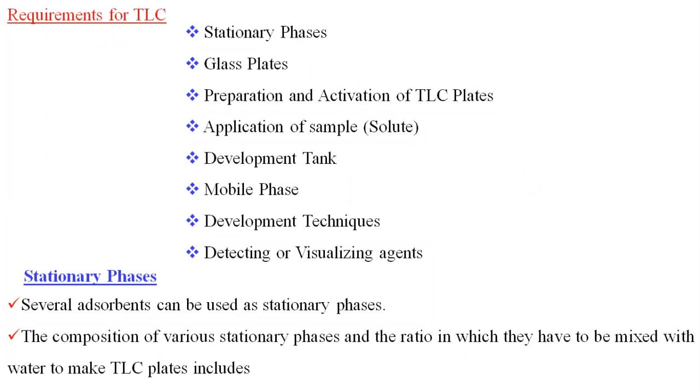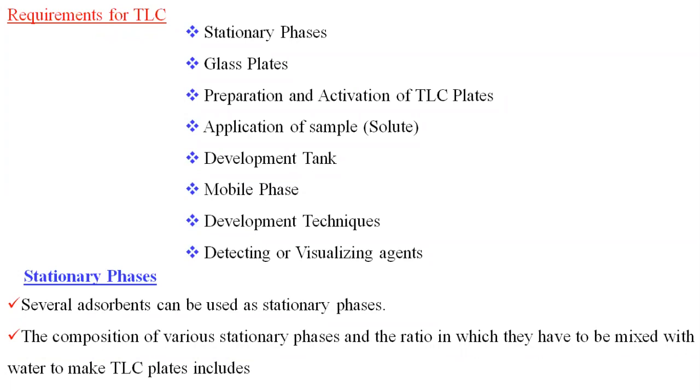These are the different requirements. The first and most important requirement is the stationary phase. We use several types of adsorbents as a stationary phase. The composition of various stationary phases and the ratio in which they have to be mixed with water to make TLC plates are mentioned in the following table.